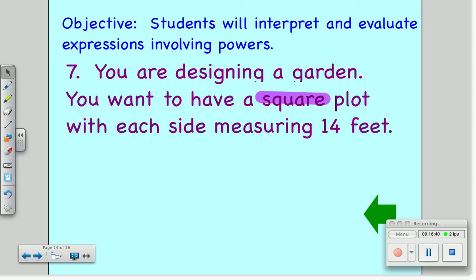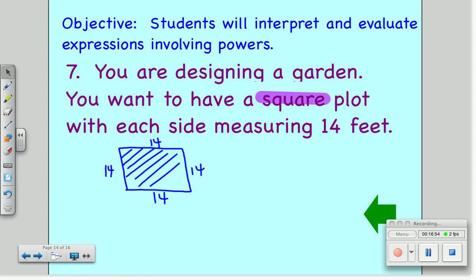So we have the square, 14s on each side. I know to find the area, which means everything in here, all of it, I'm going to find 14 squared. Area equals the side squared, so that's 14 squared.